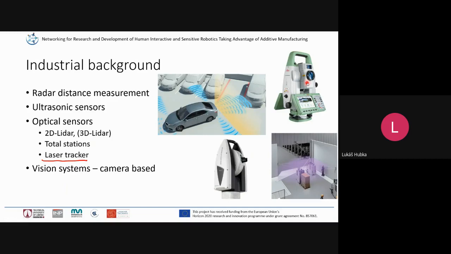Then there are, of course, radar distance measurements. They are relatively robust, mostly used in cars and vehicles. You know it from your lives. One disadvantage is the precision, and of course the distance where they operate. Then there are ultrasonic sensors, with a similar problem.